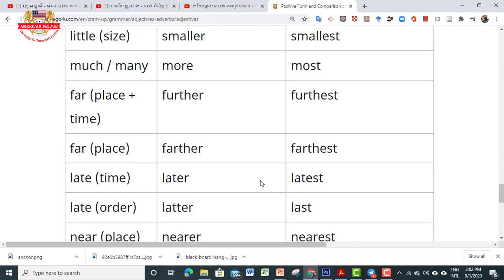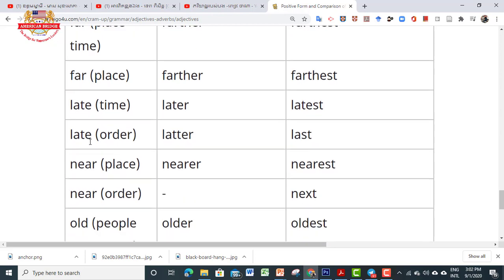And late can be later, latest. If later is for order, we can put a double t, like latter and last. If we refer to time, just later and latest. Some adjectives you have to remember as well, like the word near.